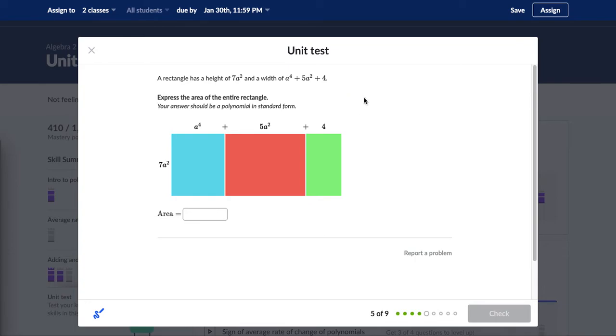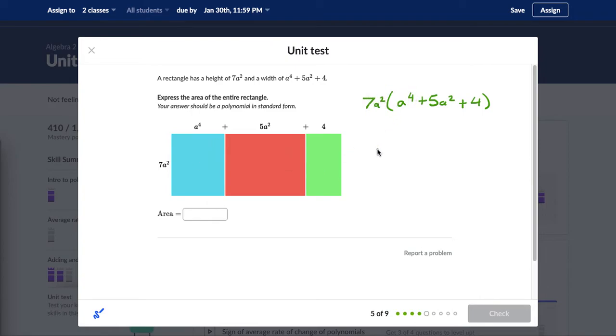If we wrote it as a multiplication of polynomials, we've got 7a squared as the coefficient of the polynomial a to the 4 plus 5a squared plus 4. It's the same thing. All we're doing is multiplying. It's a good way of visualizing that an area is a multiplication as well.